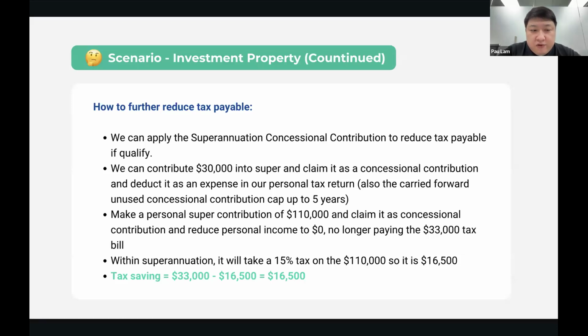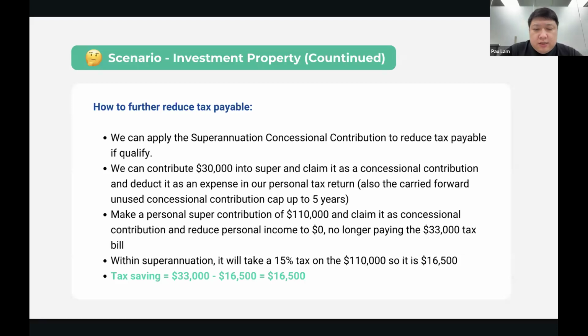We also have the carry-forward of unused concessional contribution cap for up to 5 years, which means you could be looking at 30 times 5, or, as the cap was not that high in some of the earlier years, $27,500 last year and $25,000 before, so you may get something like $100,000 or $110,000, for example.